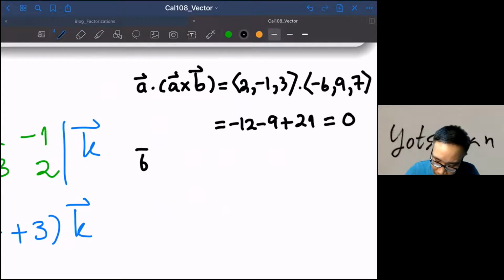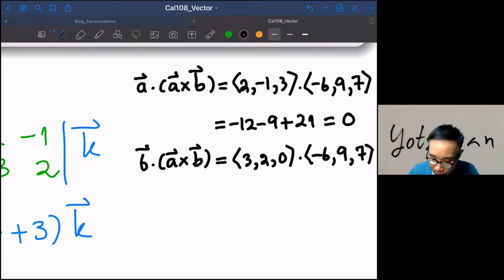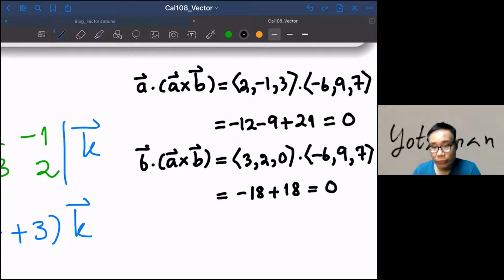And you have B dot (A cross B). It's going to be (3, 2, 0) dot (-6, 9, 7). So you get -18 plus 18 equal to 0.